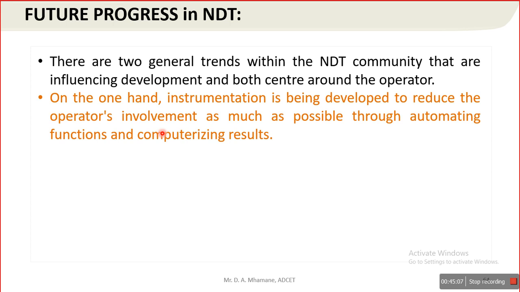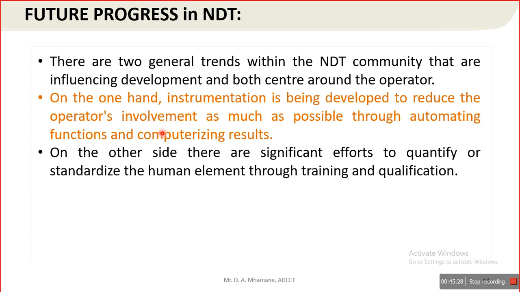On the other hand, we say that automation is needed in the inspection method to nullify, or you can say remove, the manual interruption in the actual progress. So these are the two hands of NDT. At one side we say that we need an expert person to interpret the result, and on the other side we say that there may be automation in progress.